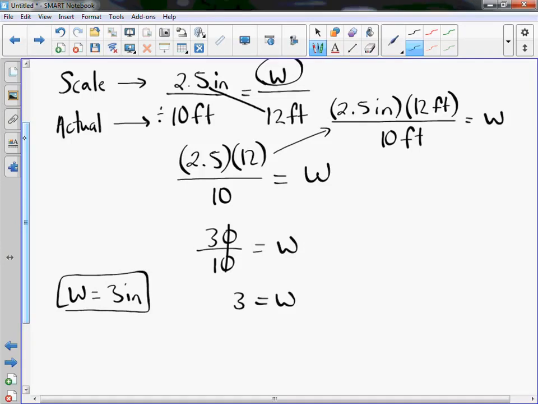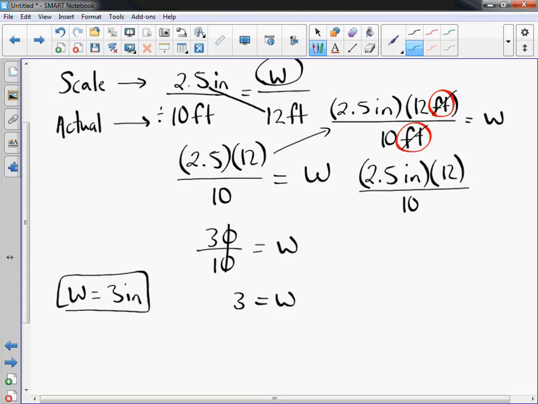Let's treat the labels on this as if they were numbers that you can divide or multiply. Okay, so in this case, we have a feet in the numerator and a feet in the denominator. So you would, on a normal problem, say, I'm going to cancel those. So those are gone. Okay, so now we have 2.5 inches times 12 divided by 10, and there's only the label of inches left.